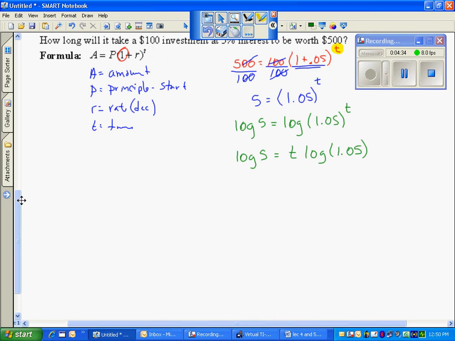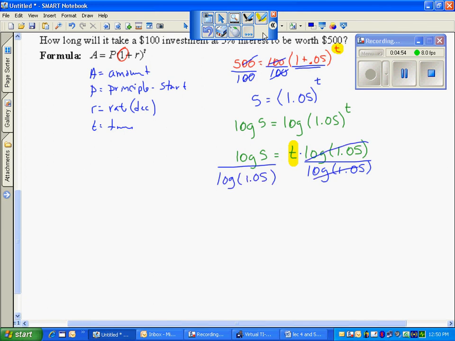Now, again, I'm trying to isolate this variable t. So in order to do that, I must get rid of this log by division, because it's multiplied by the variable t, time, which I'm looking for.